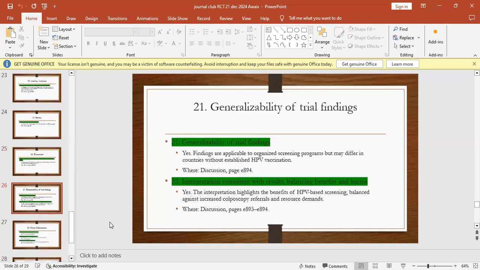Next is the generalizability of the trial findings. Yes, findings are applicable to organized screening programs, but may differ in countries without an established human papillomavirus vaccination program. Next is interpretation consistent with results, balancing benefits and harms. Yes, the interpretation highlights the benefits of HPV-based screening, balanced against increased colposcopy referrals and resource demand.